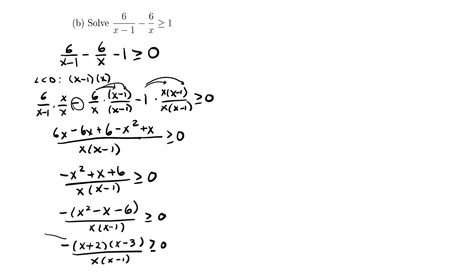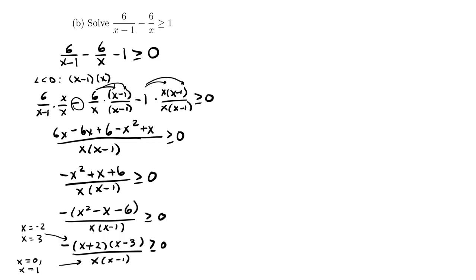Now I'm going to make note that the numerator is 0 when x is negative 2 and when x is 3. The denominator is 0 when x equals 0 and when x equals 1. So those are going to be important breakpoints here.